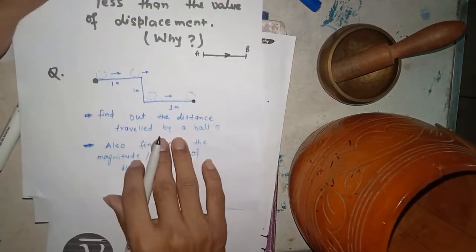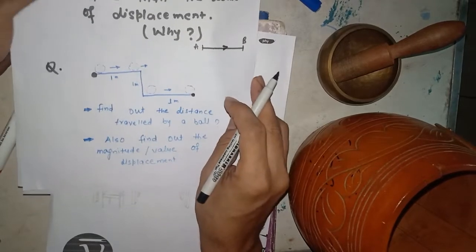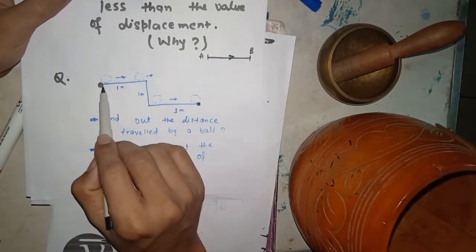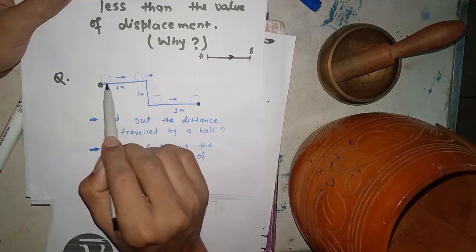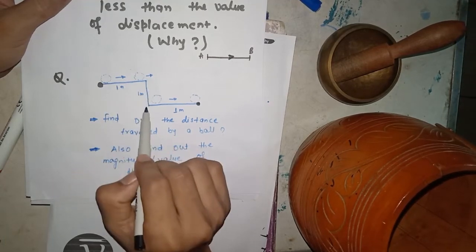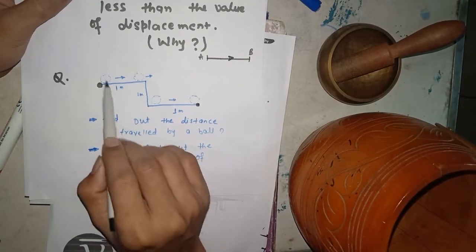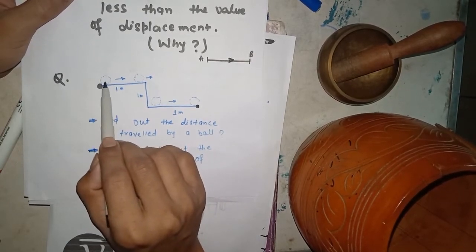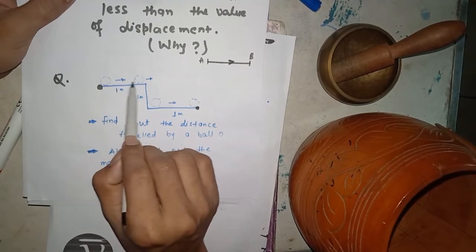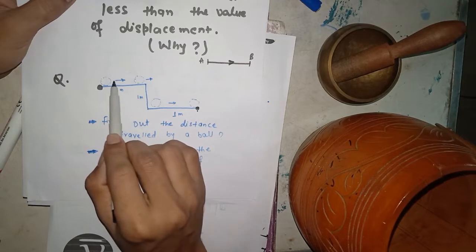So I am giving you a problem here. It is like a stair, and each step is 1 meter in length and 1 meter in height. So a ball is dropped by somebody, and then the ball goes towards this point like this in a straight line.